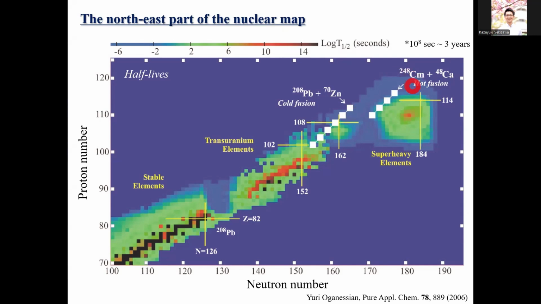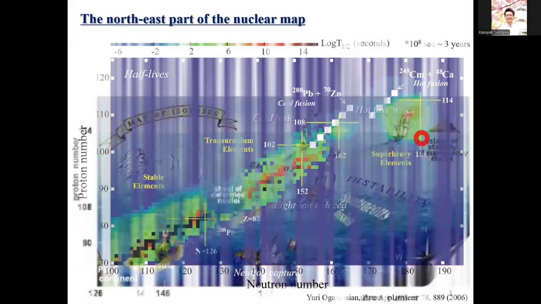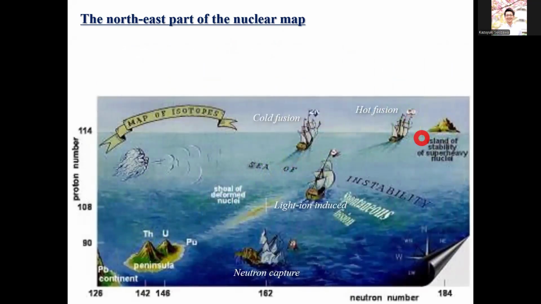Because of this shell closure, the superheavy nuclei in this region may have quite long half-lives. This is the so-called island of stability. People are trying to reach this island of stability, but it is really difficult.